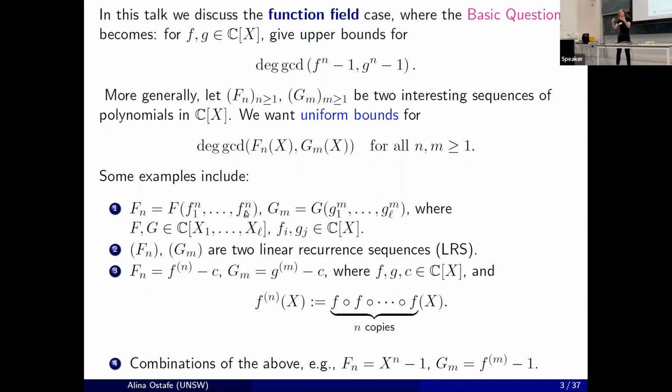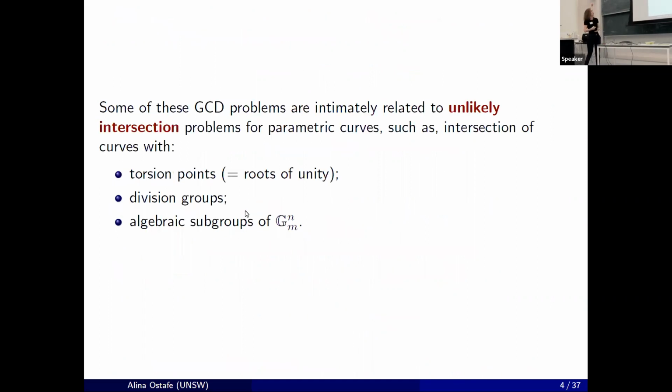So this is an instance of an unlikely intersection problem, as are all of these questions. These GCD problems are intimately related to unlikely intersection problems. And in fact, some of them follow from finiteness results of such unlikely intersections.